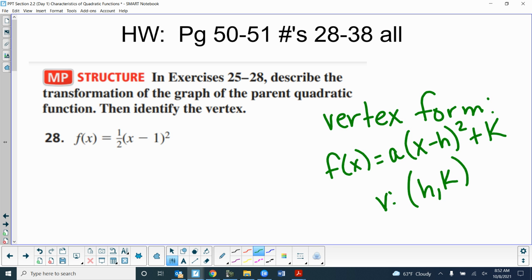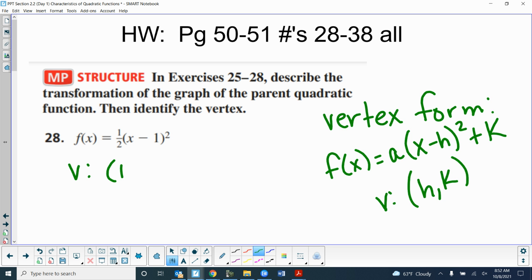The vertex is HK, those 2 numbers. Okay? So, let's just do the vertex part real quick. What makes that equal to 0? 1, right? And it's X minus 1, which way are you moving 1? Right 1, right? Where does the parent function vertex for parabolas, for quadratics, always start?